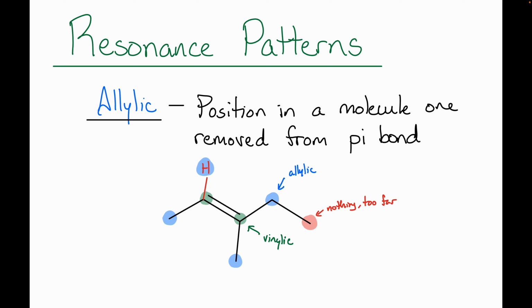So next door neighbors to that pi bond, not the ones about that pi bond, but one removed. So again, in blue here are all my allylic positions. Cool. We're going to throw that term around a lot, so we just want to make sure we've got that vocab word down.